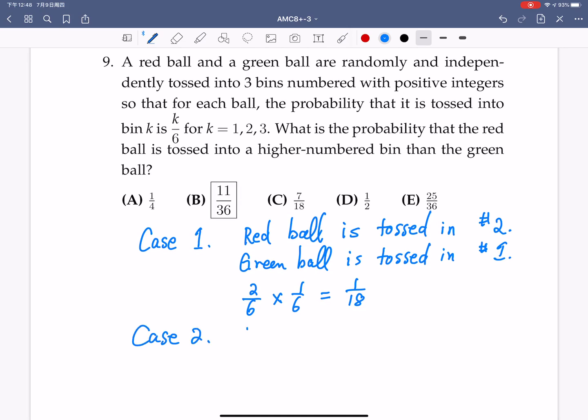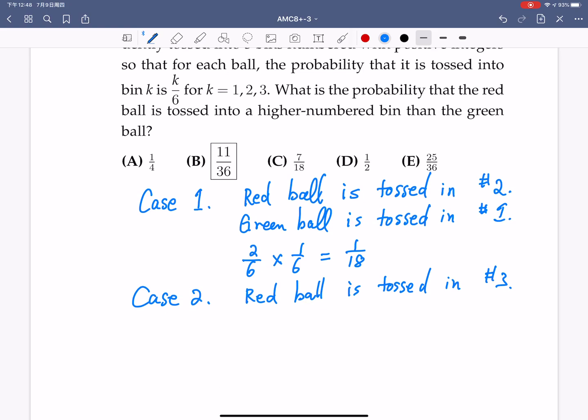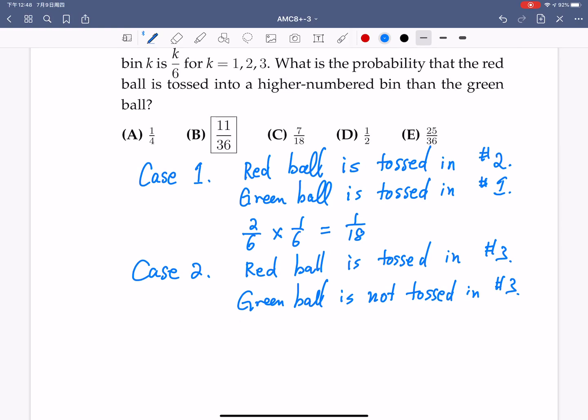Case 2. So red ball is tossed in number 3 bin, and the green ball is not tossed in number 3 bin. The probability for this case is the red ball tossed in number 3 bin would be 3/6.